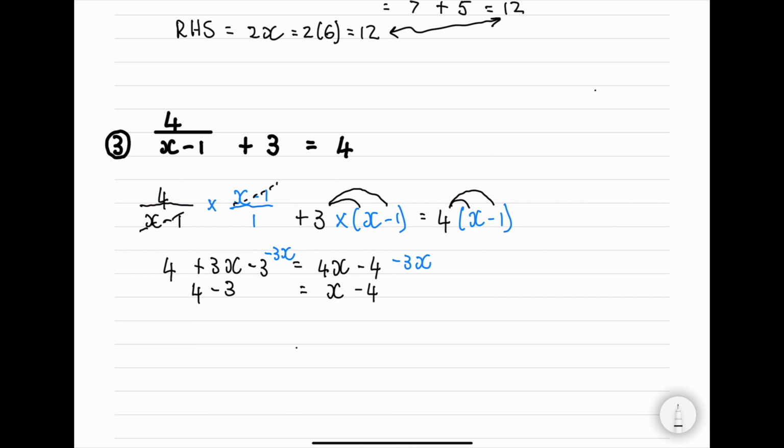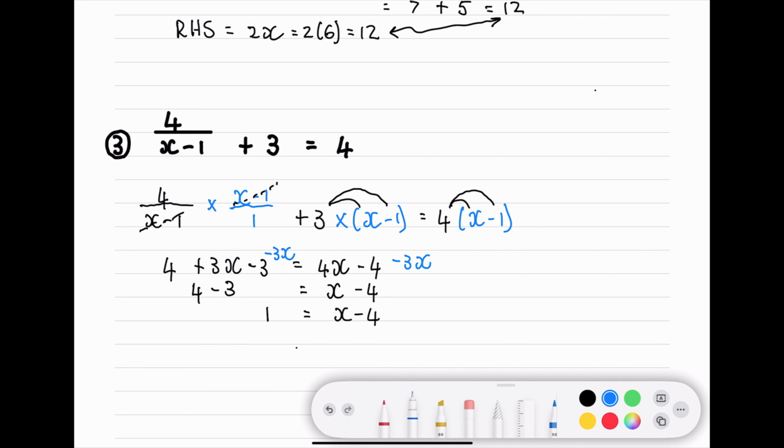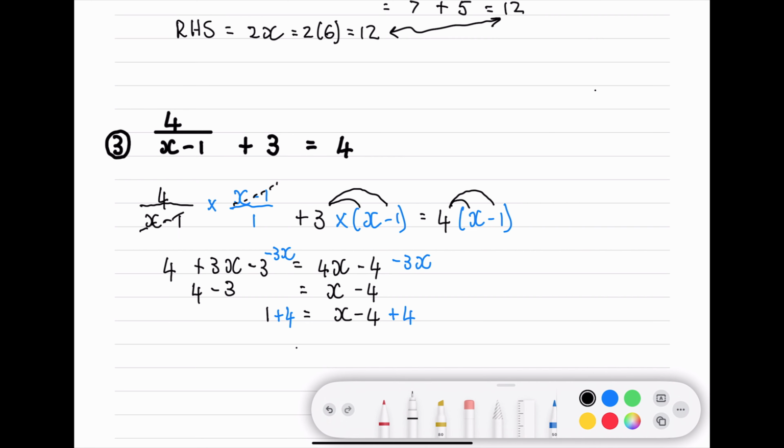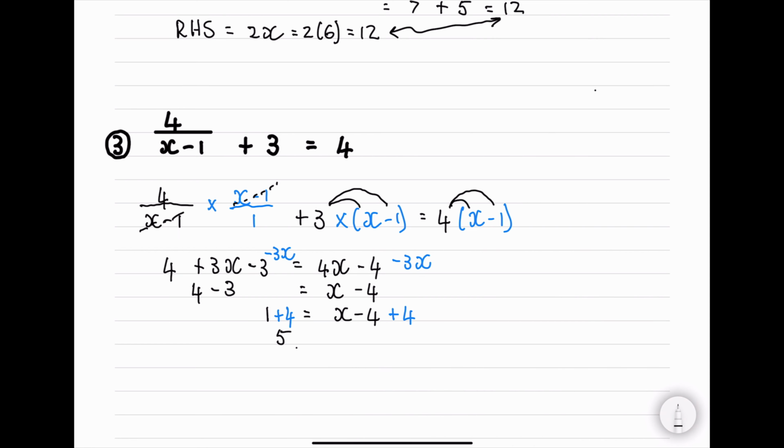I'm just going to simplify this. x negative 4. And to get rid of this, you say plus 4. What you do on the one side, you do on the other side. Then you are left with 5 is equal to x.